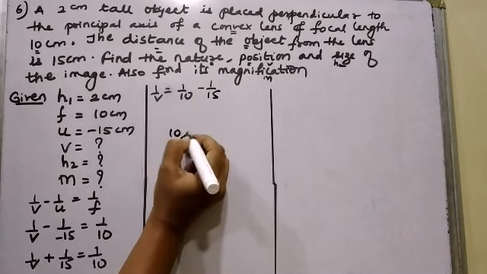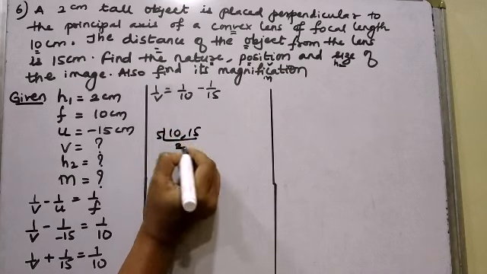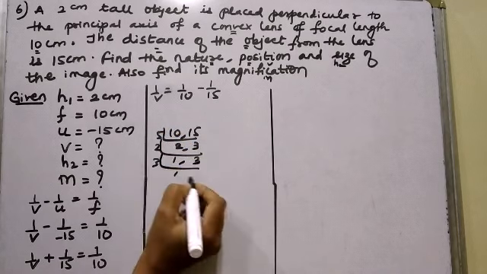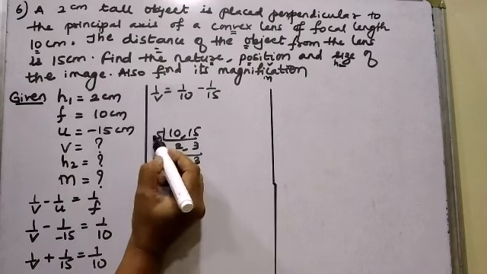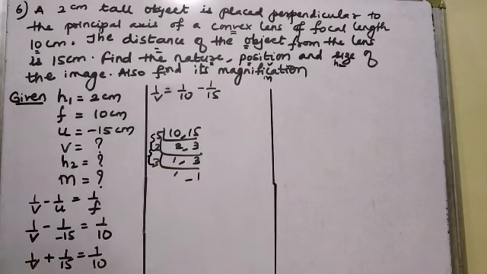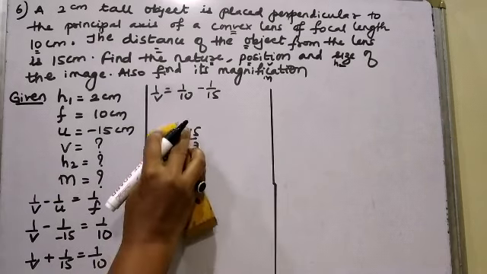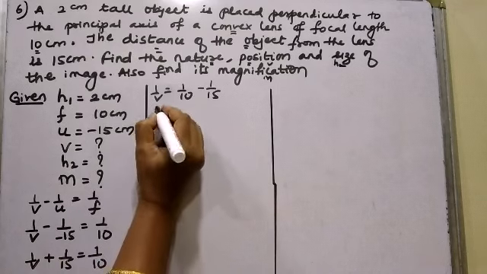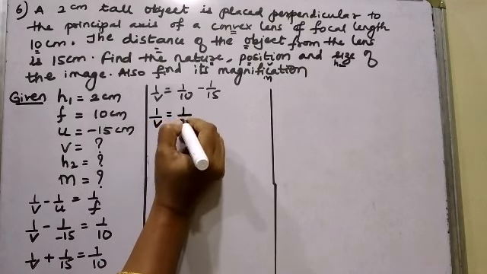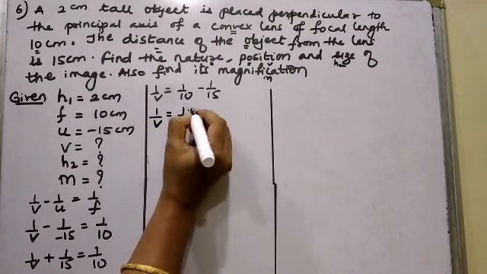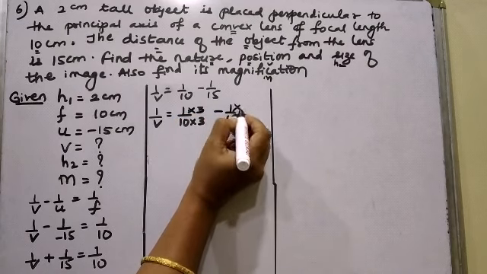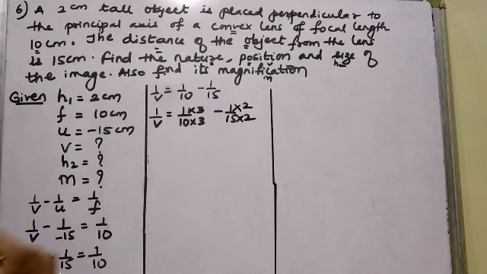Once again, the LCM of 10 and 15. 5 2s are 10, 5 3s are 15, so 2, 3 as it is, so the LCM is 5 2s are 10 and 10 3s are 30. So our denominator should be 30. 1 by V is equal to 1 by 10, 10 3s are 30, so into 3, minus 1 by 15, 15 2s are 30, so the numerator also will be multiplied by 2.